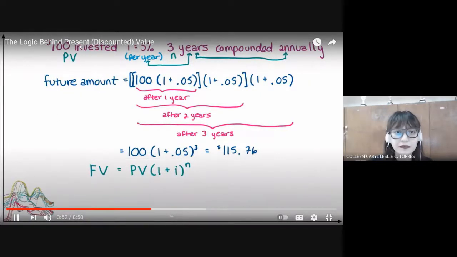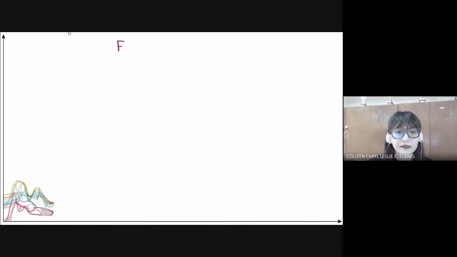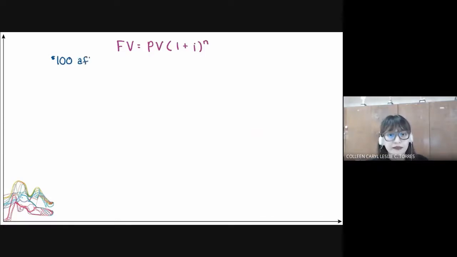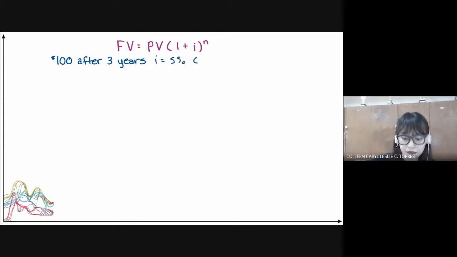Let's look at a closely related problem. Let's say now that you know that you want to have $100 after 3 years, and you want to understand how much you have to invest today in order to make that happen. Again, let's say our interest rate is 5% and that our interest is compounded annually.